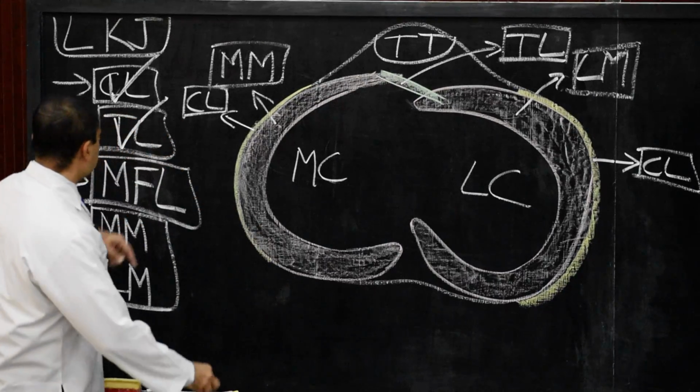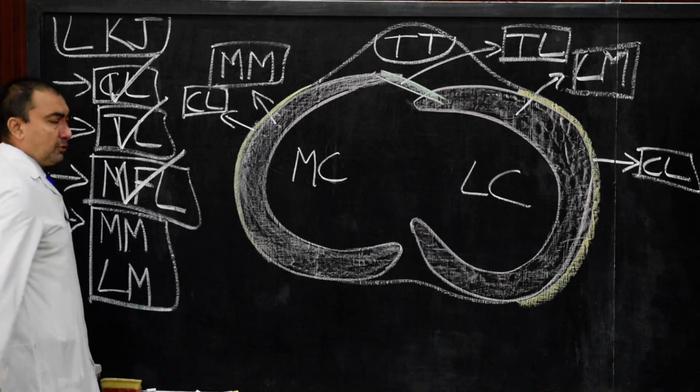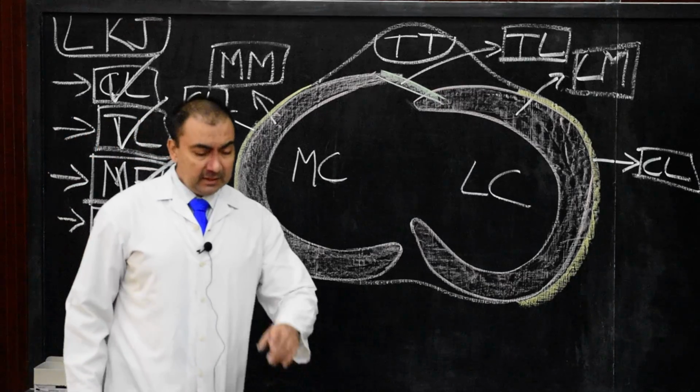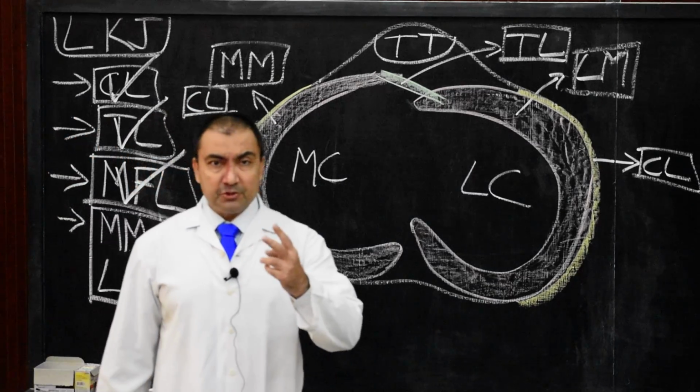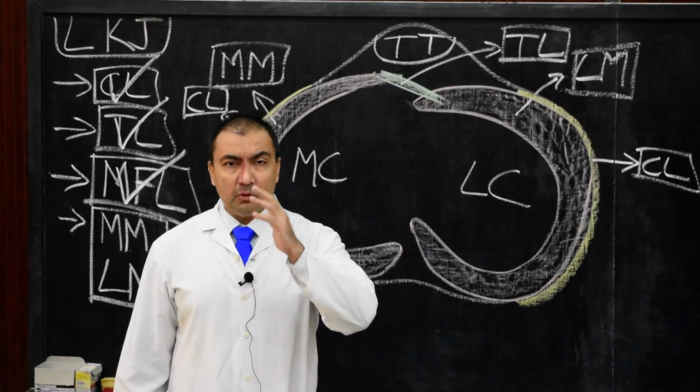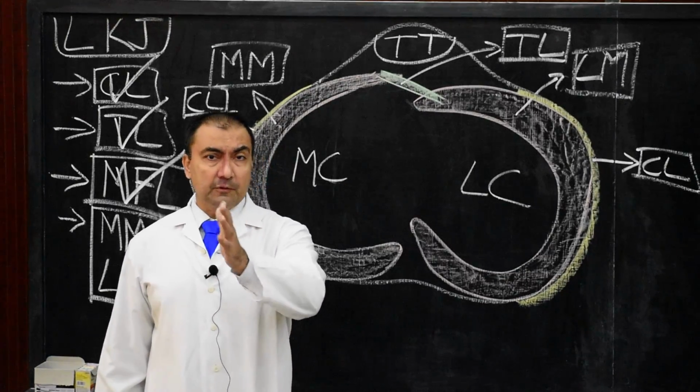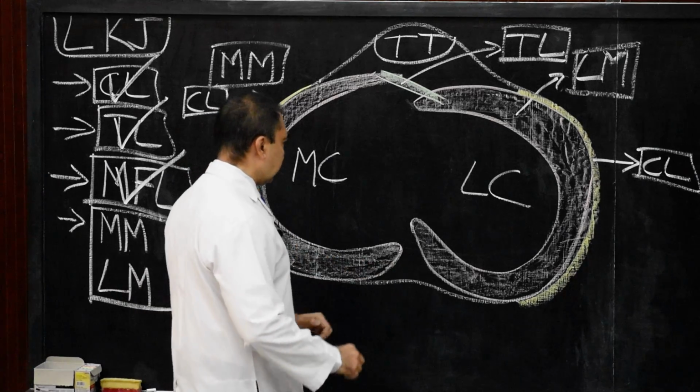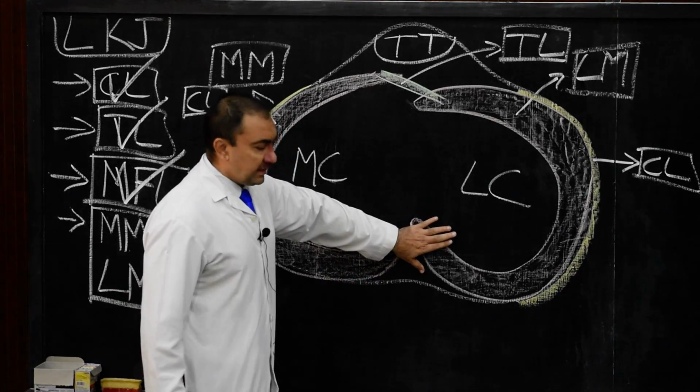Now we come across to meniscofemoral ligaments. Very interesting. These meniscofemoral ligaments, there are two, anterior and posterior. They are always asked in MCQs or 1 mark question answer. For that we need to understand the posterior horn of the lateral meniscus.